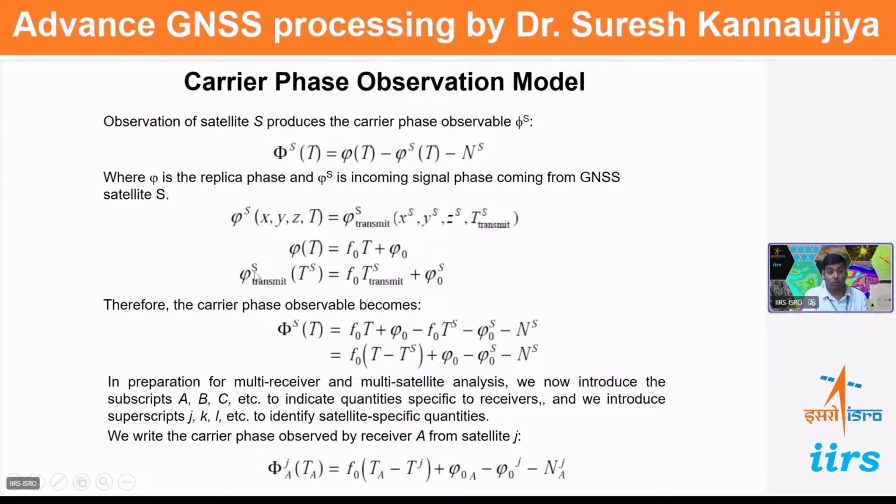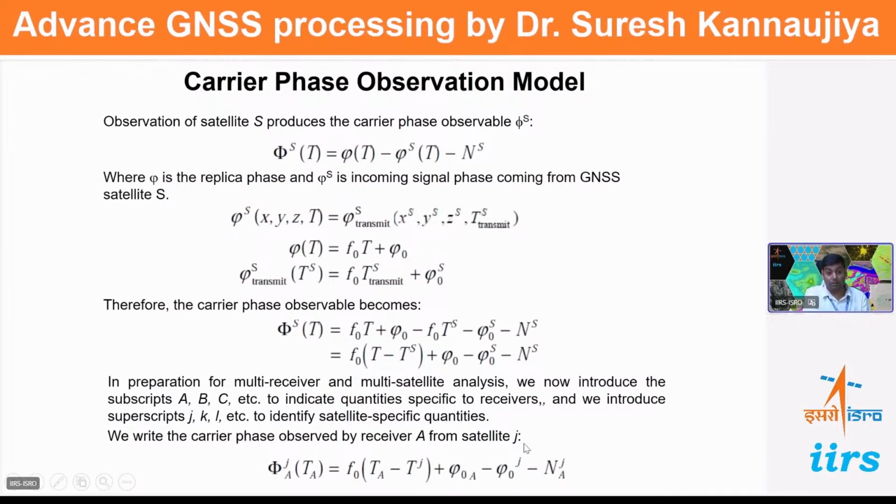This is for a particular satellite, and when we develop this, this is the carrier phase observable. Here, this is the time difference, this is the phase difference, and this is the ambiguity. Okay. So we need to expand this equation for a whole constellation.